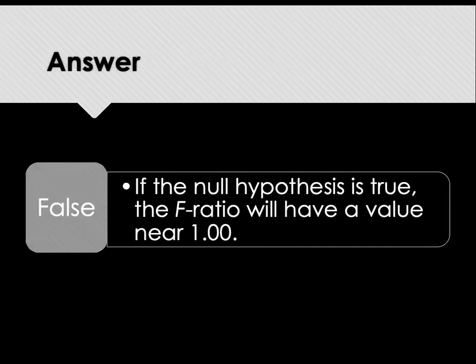If the null hypothesis is true, the F ratio will have a value near 1. You can memorize that, but there's going to be a lot of memorization, and I think it's easier to really understand why this is the case, and that way you can just figure it out.